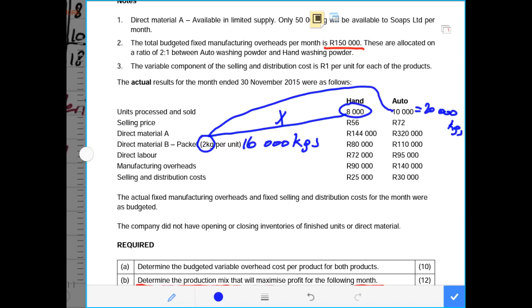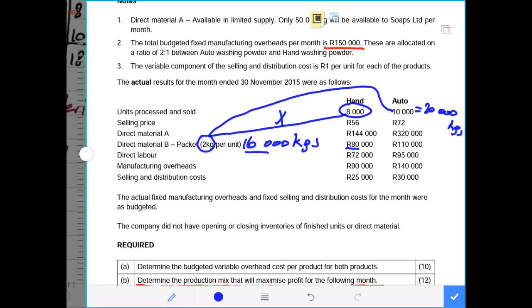So now I have total kgs and I have total cost.